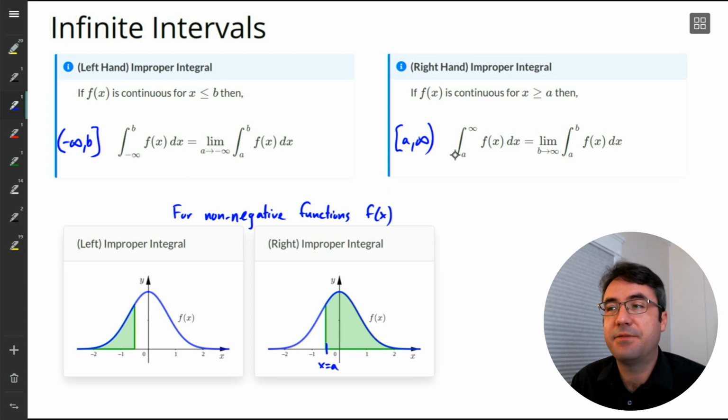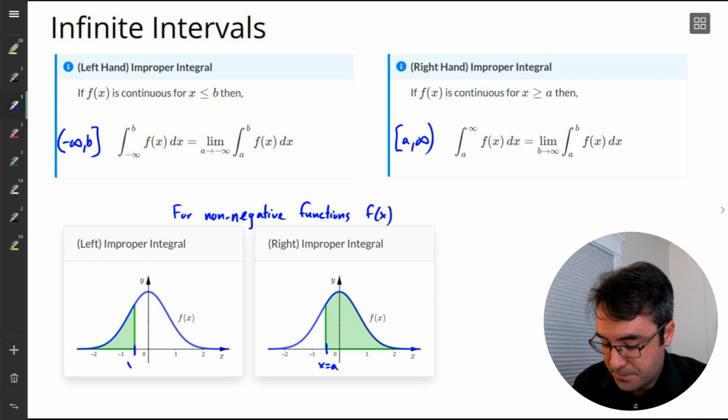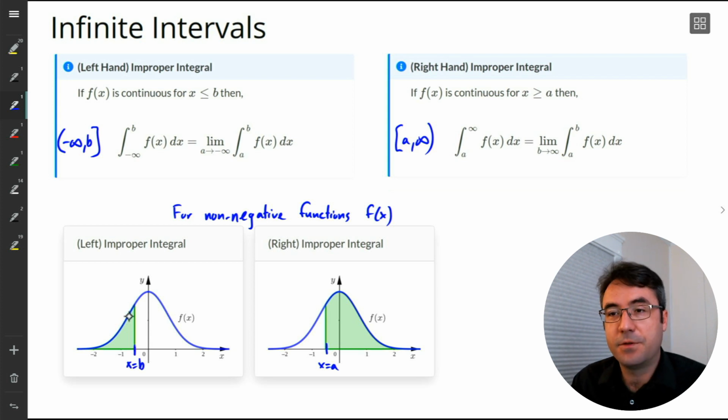These are our limit definitions for improper integrals. And just like before, if we're talking about a non-negative function, we can really think of the improper integral as being the area under the curve. So it's the area for this region that starts at x equals b and extends infinitely far to the left.